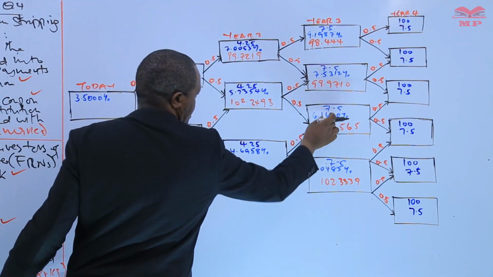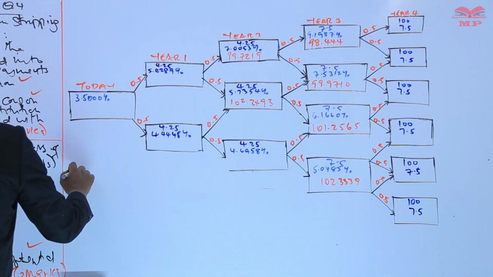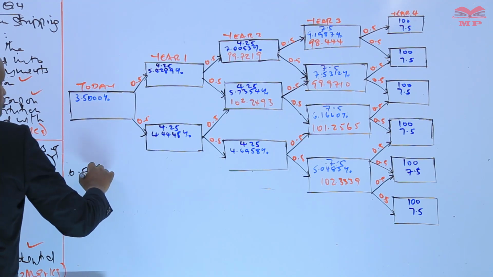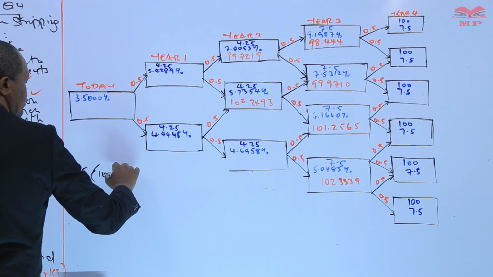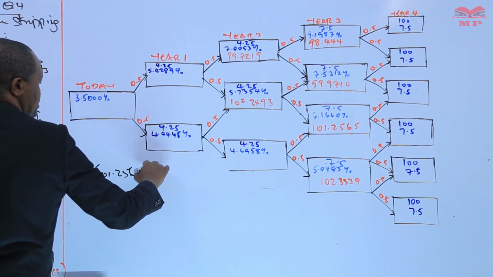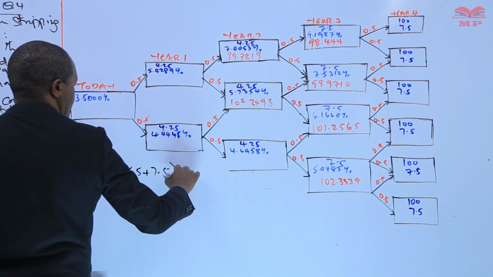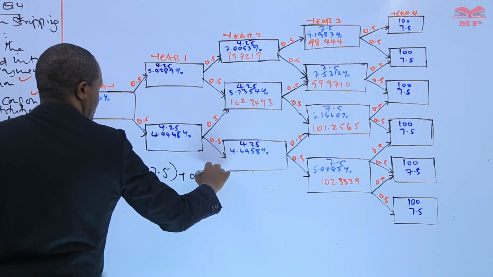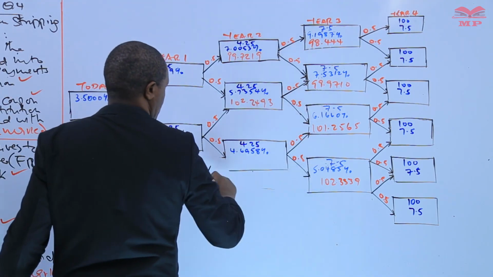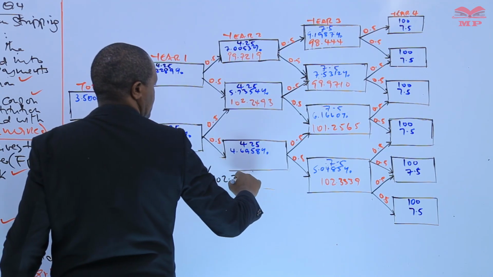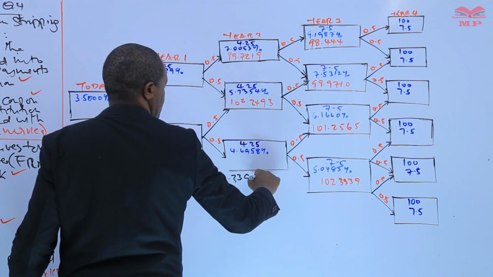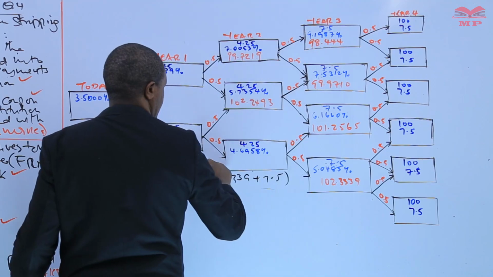So let's begin with this. 0.5 into 101.2565 plus 7.5 plus 0.5 into 102.339 plus 7.5.